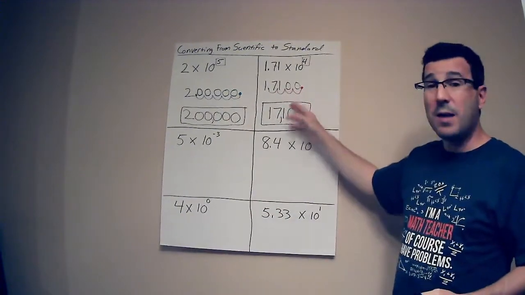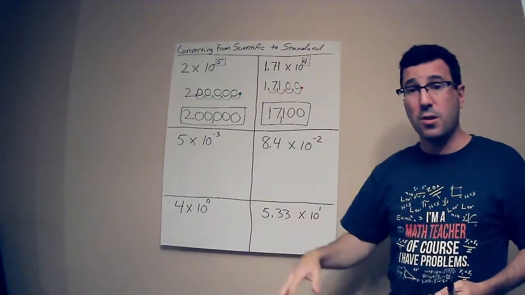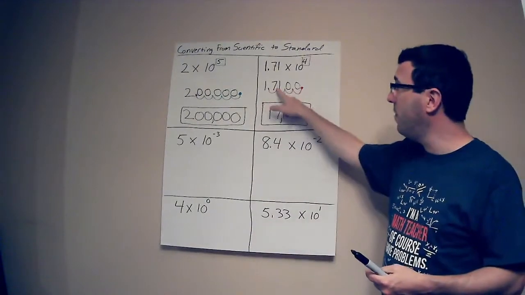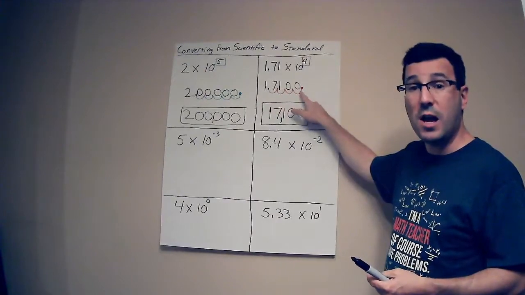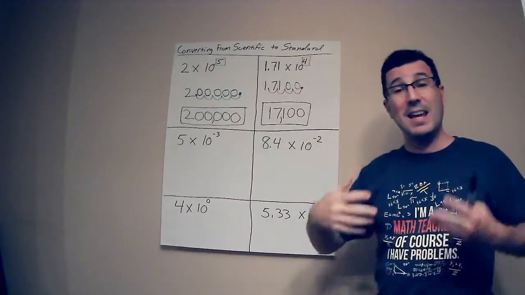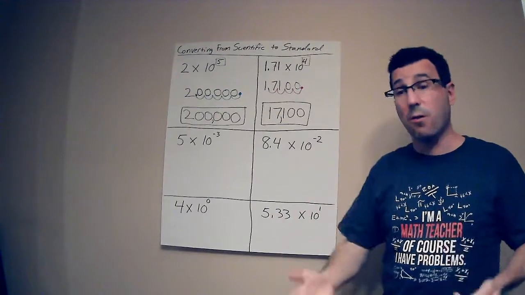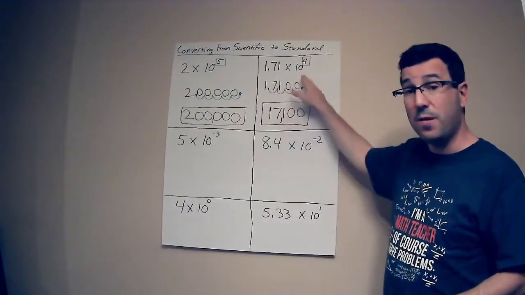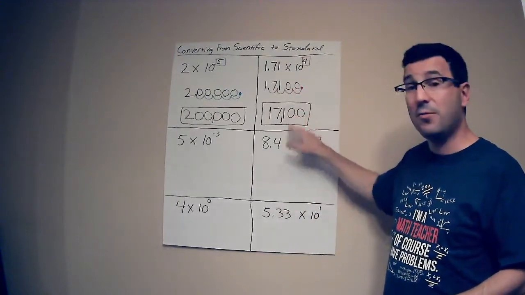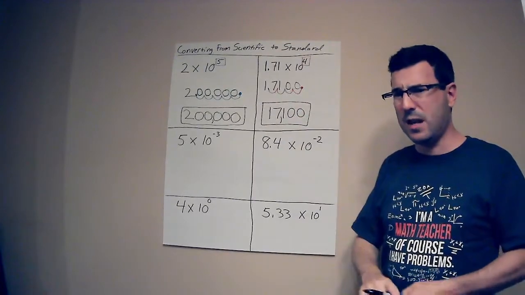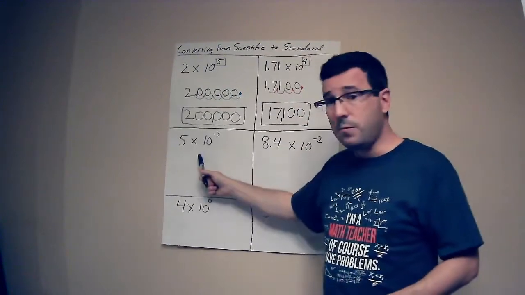Here, I'm not throwing just 4 zeros on the end. I'm moving the decimal place 4 times and then filling in any extra space with zeros. In this case, I moved it 4 times, but I only have 2 zeros. So watch out for that mistake. Okay?